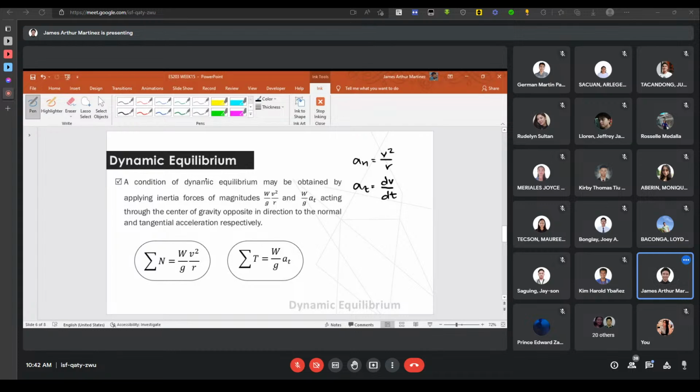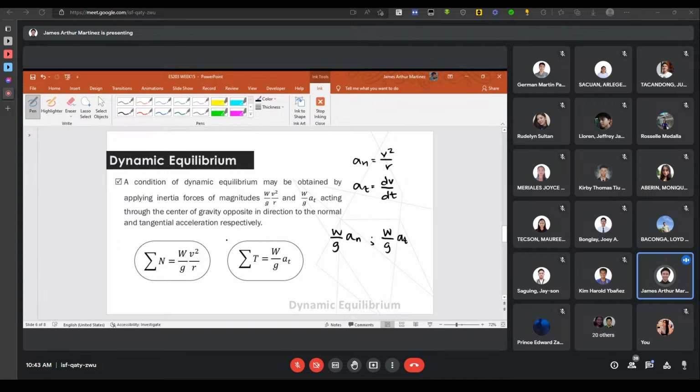So dynamic equilibrium can be obtained by applying this reversed effective force with magnitude weight over gravity times acceleration. If we apply this concept to curvilinear translation, we resolve it into normal and tangential components. From the equation weight over gravity times acceleration, we have the normal component and the tangential component.